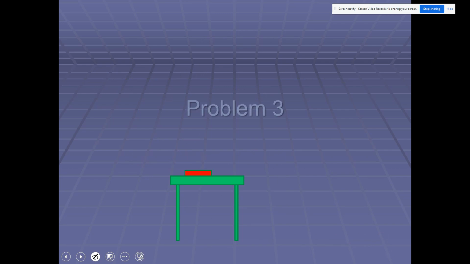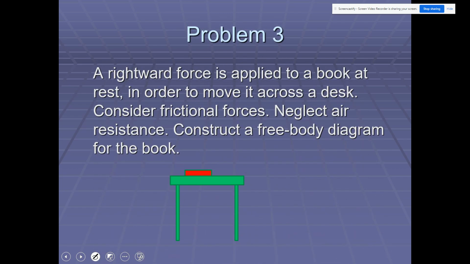Okay, problem number 3. Let's look at that book again. This time, a rightward force is applied to a book at rest. So start off with our free body diagram that we had on the other slide. You probably will say there's the force of gravity pulling down. It's resting on the table, so there's a normal force pushing up. You probably realize that there's an applied force pushing it to the side, and there's probably some frictional forces resisting the motion.